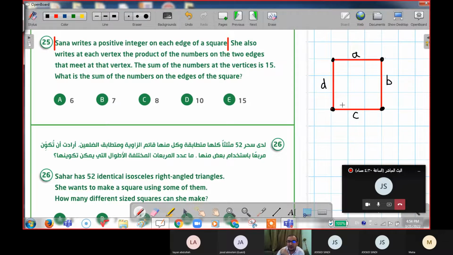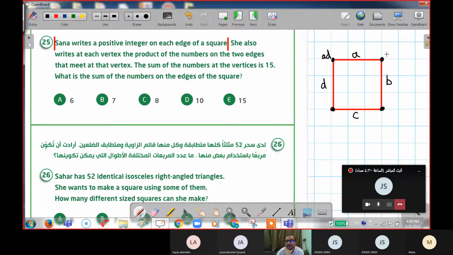The first vertex is A plus D? No, because she says the product, not the sum. Sorry, it's A times D, so AD. Yes, excellent. We say AD, which means A times D.